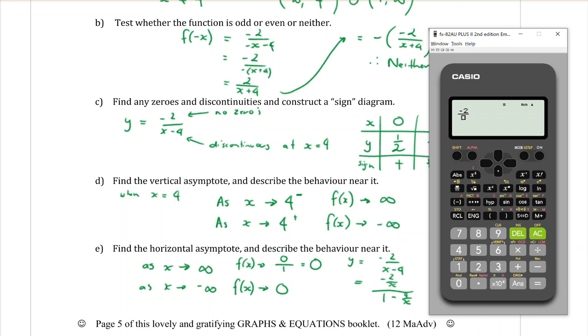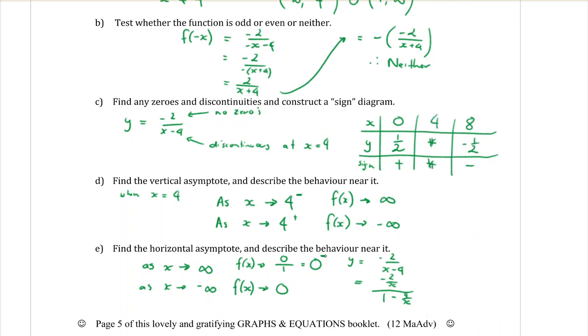As x is approaching infinity, I'm just going to pick a number like 100. 100's big enough. 100 minus 4. Okay? So that number there is approaching 0 as expected, but it is negative, meaning it's just slightly below that 0, which means I put a little minus sign up there saying my graph is going to be slightly below that asymptote at that point.